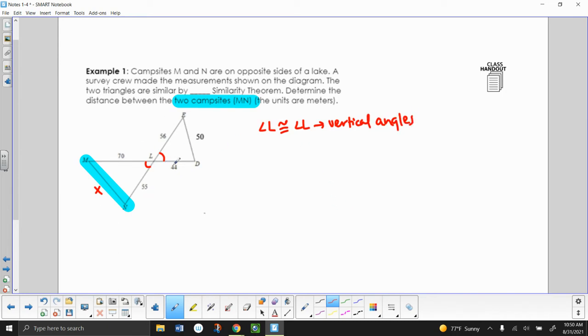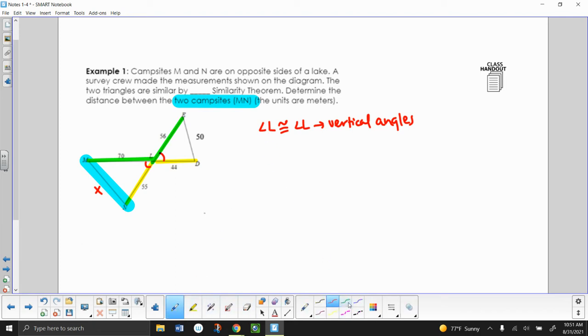Then I can set up my ratios of sides. In this case, we do have to match up the smaller sides. So looking at these two, I have the 55. That's going to go with the 44 because those are the two smaller sides. We're essentially ignoring the 50 because it doesn't have a corresponding side. And then that means the 70 and the 56 are going to go together.